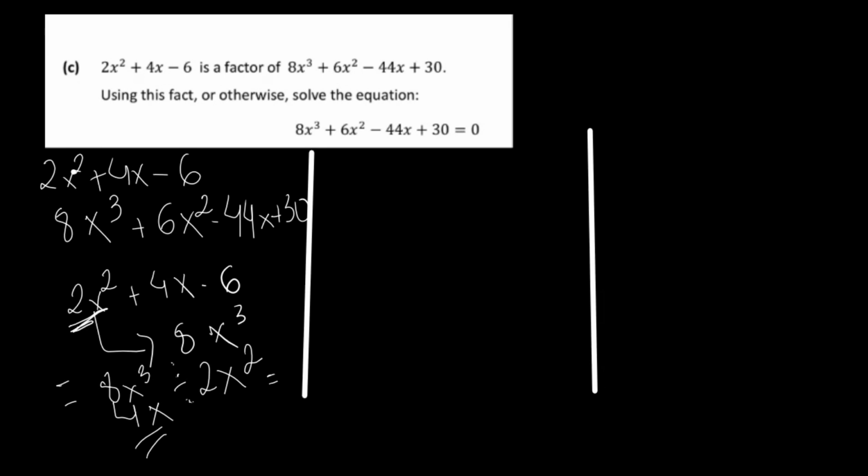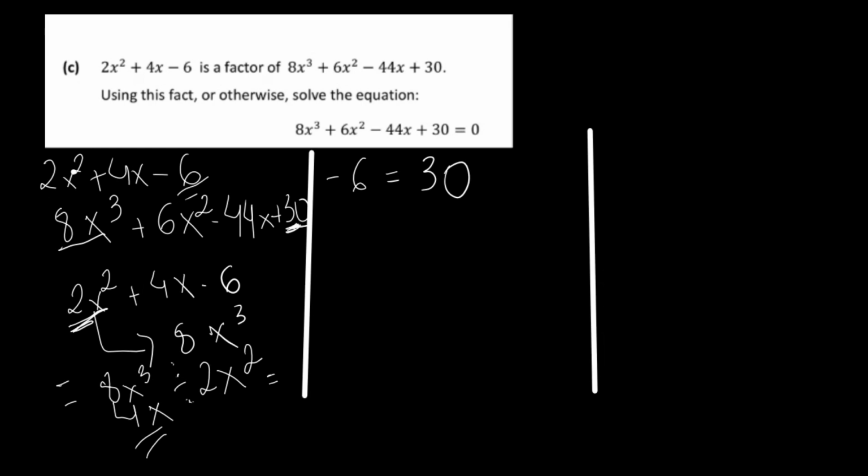Now we compare the last terms. The last term is plus 30. So what multiplied by minus 6 gives us 30?